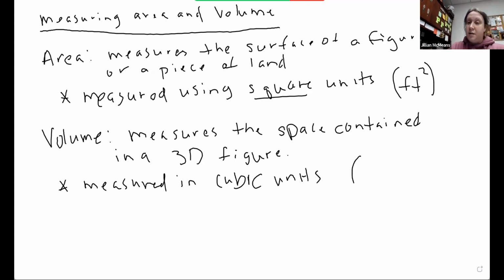If you're trying to measure a shoebox, it's literally little cubes that are an inch on all sides. So we would measure it in cubic units. You have to have cubic units to measure volume. You have to have square units to measure surfaces. And then you just have regular linear units to measure flat out length. So that's what's happening here. Be very cognizant of your units in this particular section.